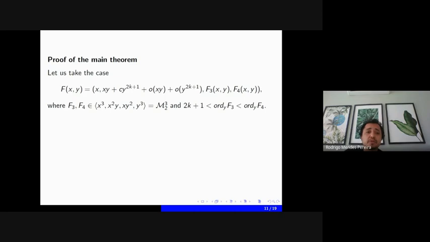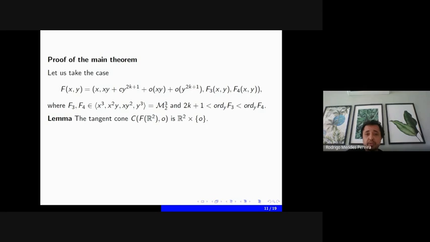And these two functions belong to the ideal, and assume that the orders are given in this way: order 2k plus 1 for the functions f3 and f4.